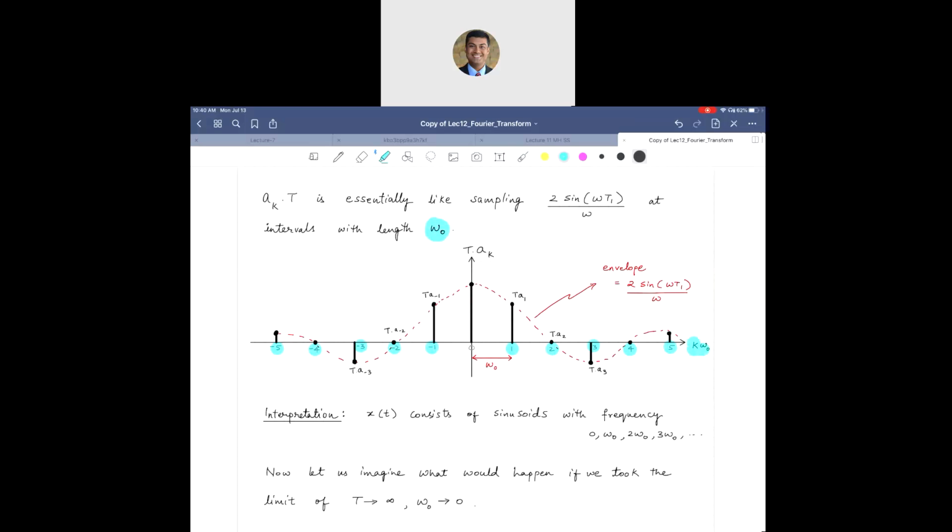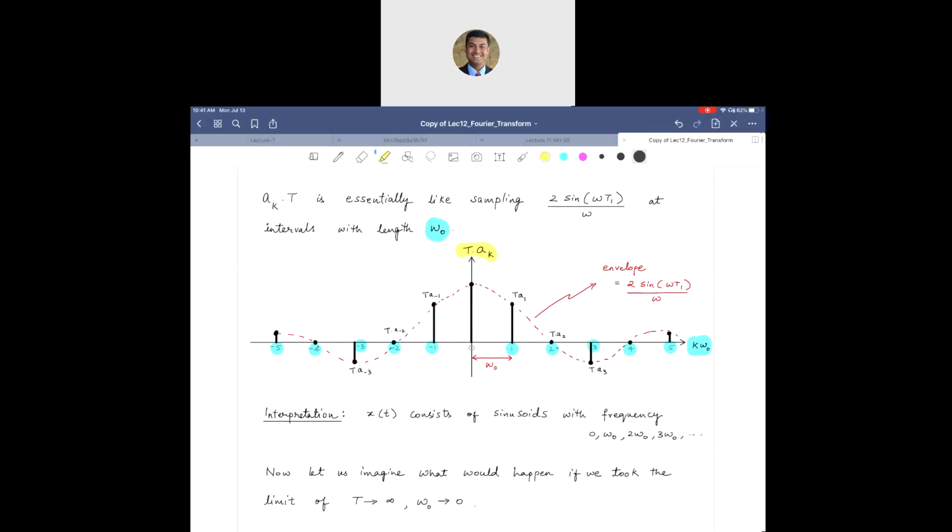Notice over here our x-axis is kω0. So as you scan over k from plus and minus 1, plus and minus 2, plus and minus 3, and so on, you are essentially evaluating at plus and minus 1 ω0, plus and minus 2 ω0, and so on. Your y-axis is T times a_k.